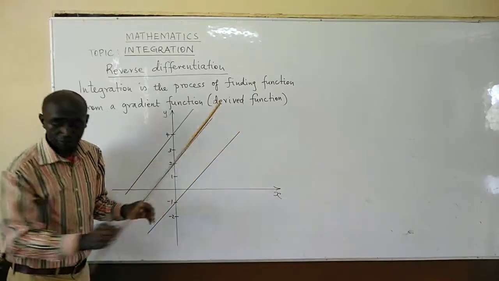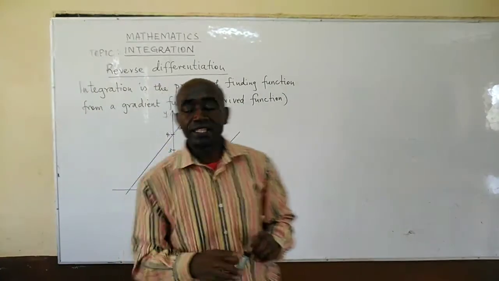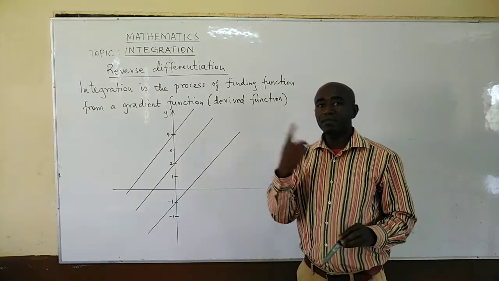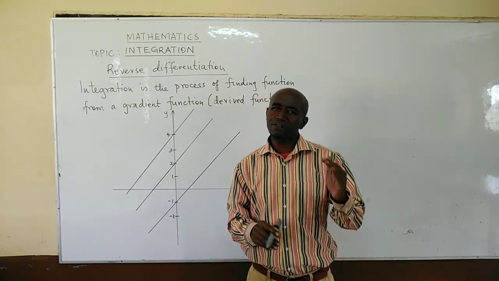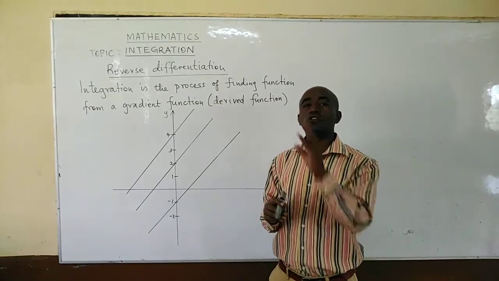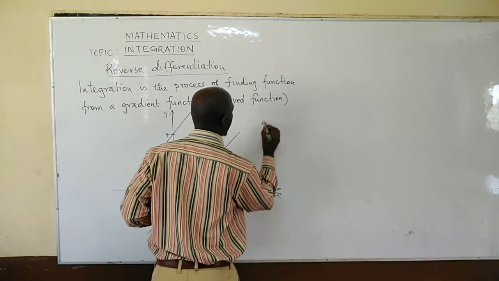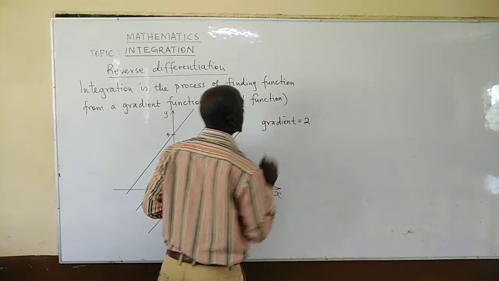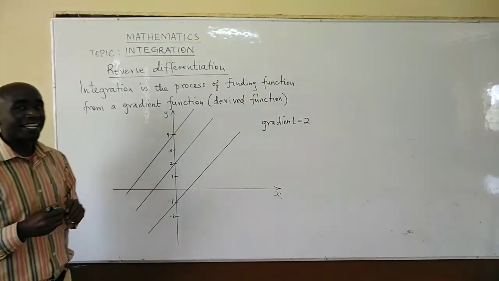The lines have not been drawn accurately, but let us assume that these lines are parallel. And remember, if lines are parallel, they have equal gradients. Therefore, let us assume the gradient of each of these lines is 2. Therefore, what is the equation of this first line, my dear learner?